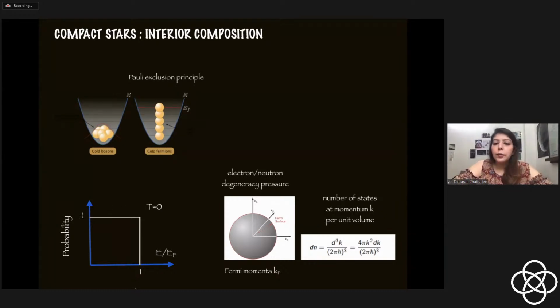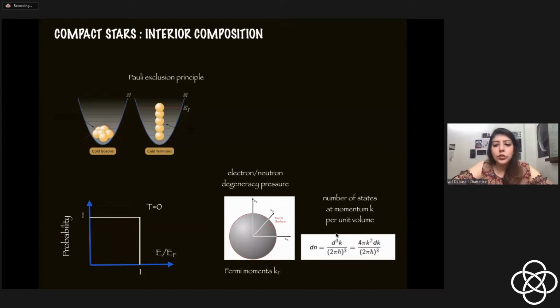This can also be represented by a sphere in momentum space, where kx, ky, kz are the momenta in the three different directions, the three coordinates. And the Fermi energy in this space will be represented by a filled sphere. All the levels inside the sphere are filled and outside are 0. The number of states at momentum k per unit volume is represented by dn.